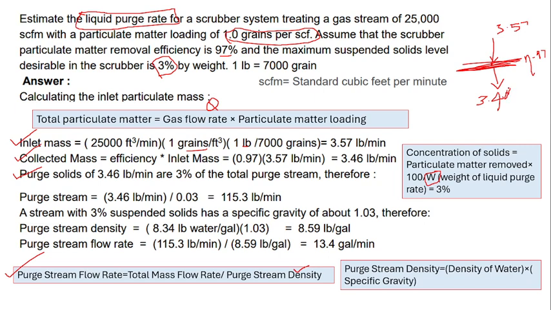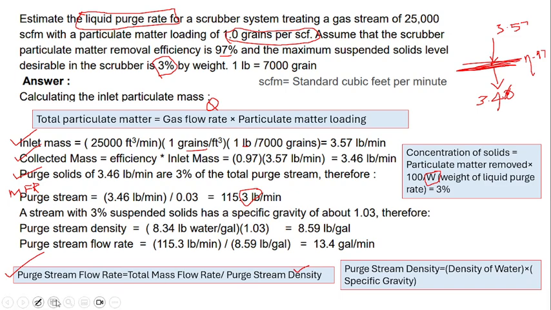So the purge stream mass flow rate is 3.46 divided by 0.03, which is equal to 11.53 lb per minute. So this is the mass flow rate, determined in terms of mass.